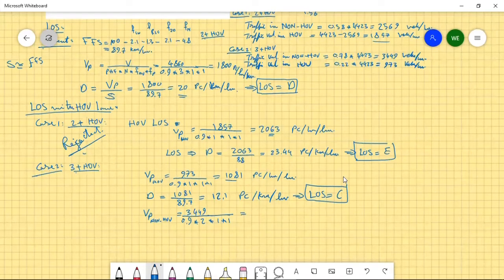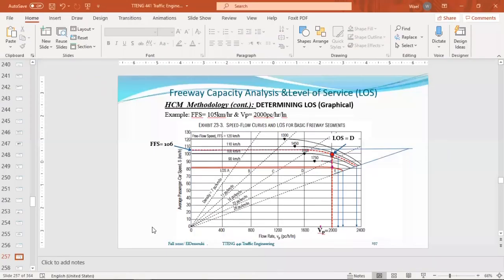So 3,449 divided by 0.9 divided by 2. So here it's going to be 1916 passenger car per hour per lane. Let's check from the chart and try to get the new speed. So here that's the 18. Okay, that's the speed. So it's going to be moving somewhere here.